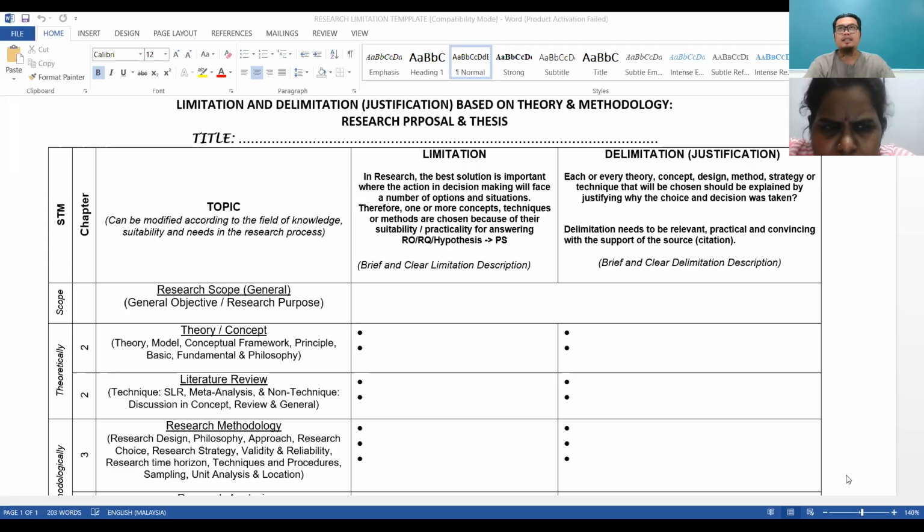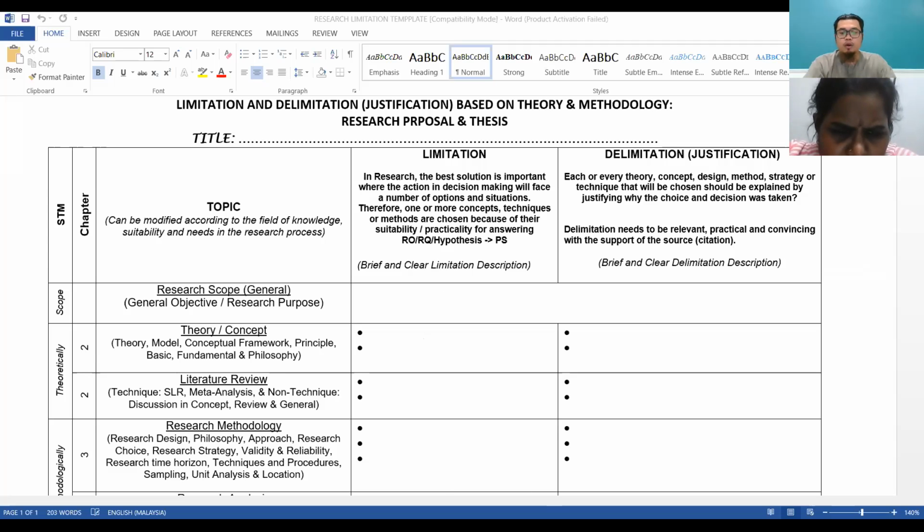The transfer is not just copy-pasting a table, but getting the idea and writing it in paragraphs, paragraph by paragraph. Okay, this is number one. Tonight I need to cover this number one, the template for limitation of research. This is an outline for your chapter one.